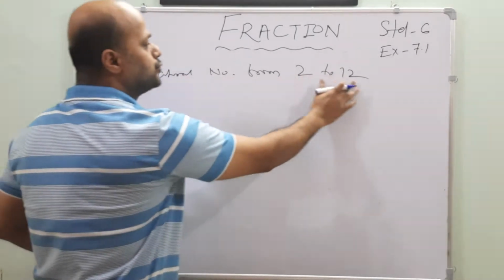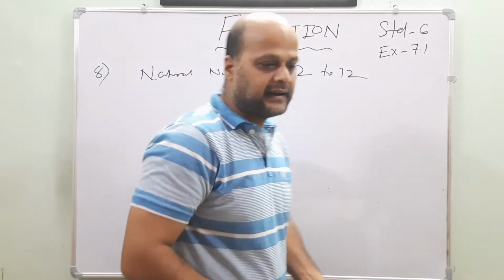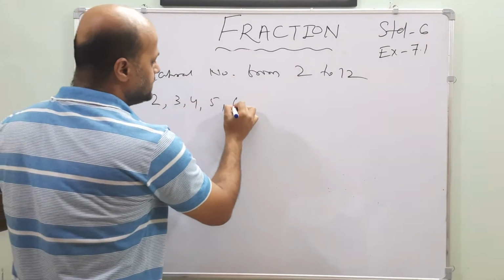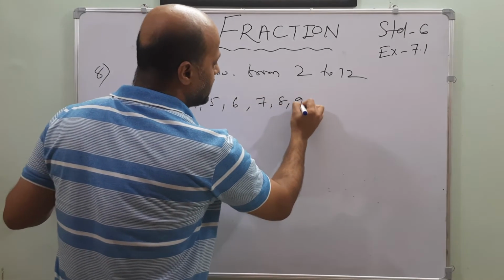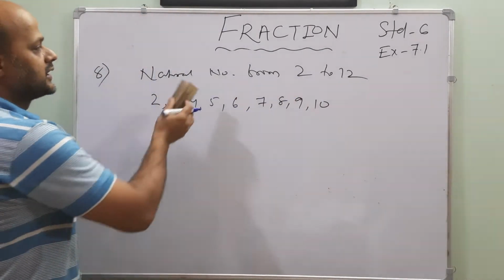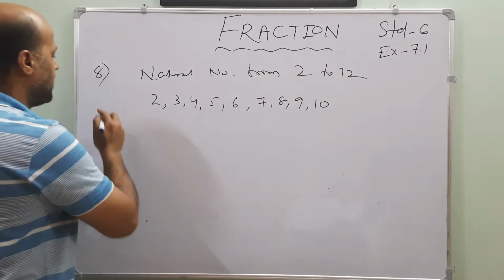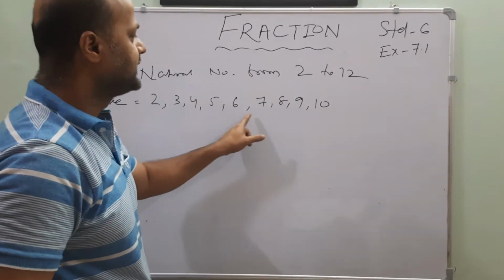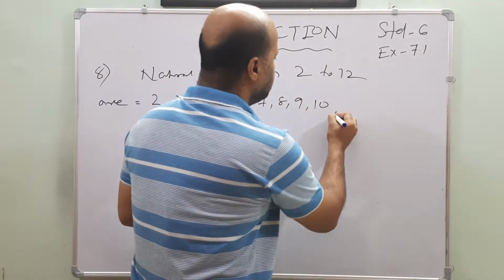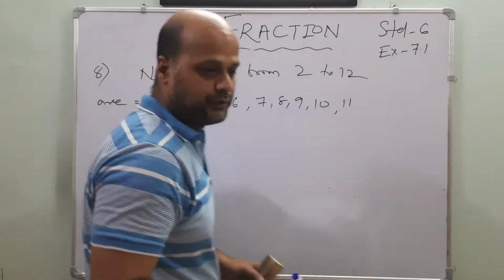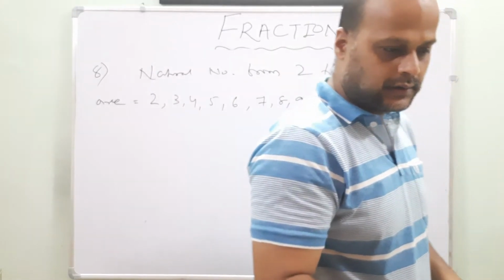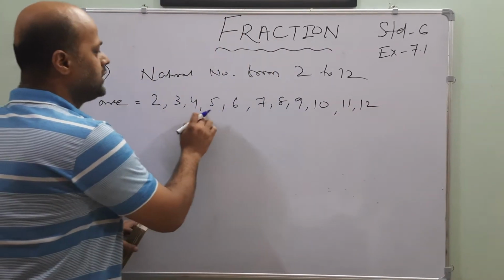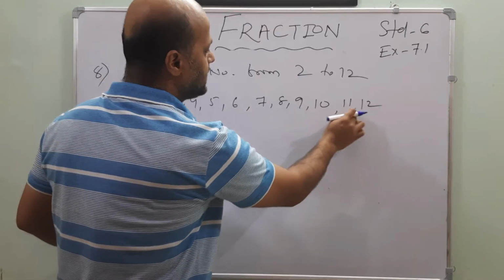You have to write the natural numbers from 2 to 12: 2, 3, 4, 5, 6, 7, 8, 9, 10, 11 and 12.